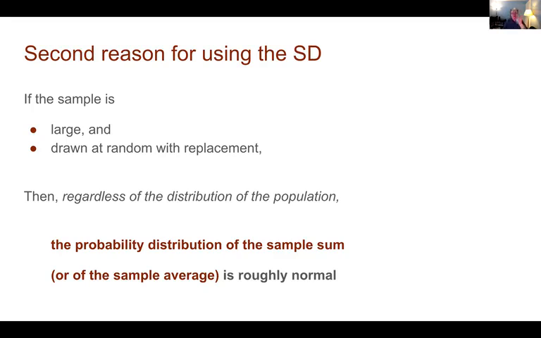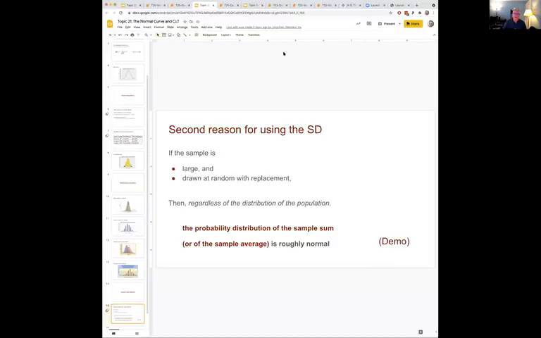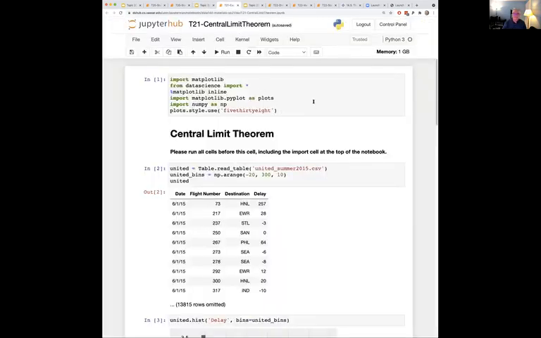So regardless of the distribution of the population, the sample average is going to be roughly normal. This is the sort of thing where the demo will drive this point home. While I'm setting up this demo, any questions? Okay, let's see this in practice.